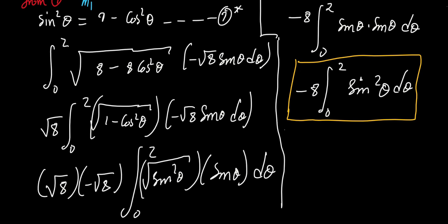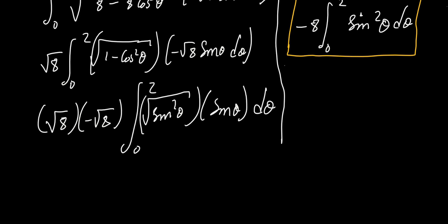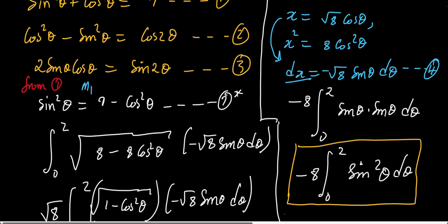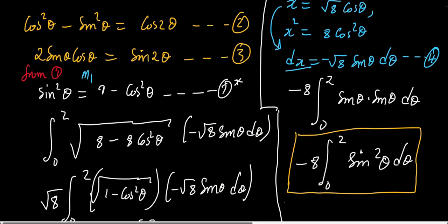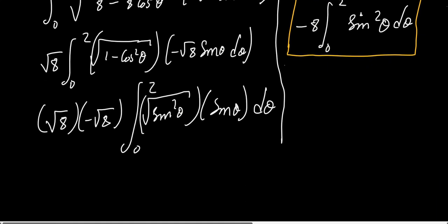So the thing we normally do is to convert the power to a double angle identity, and that is where the second and the third formula are going to come into place. Specifically the second formula, because we can express sine squared theta in terms of cos 2 theta, which is a double angle identity, and we can now easily integrate that.